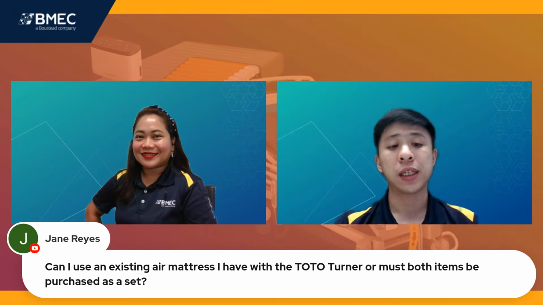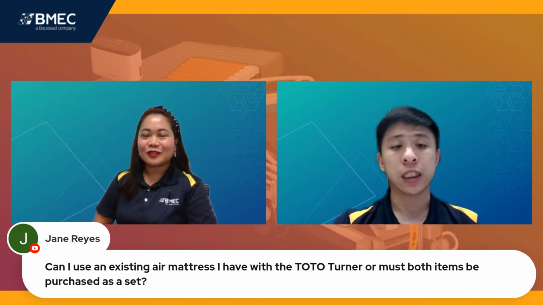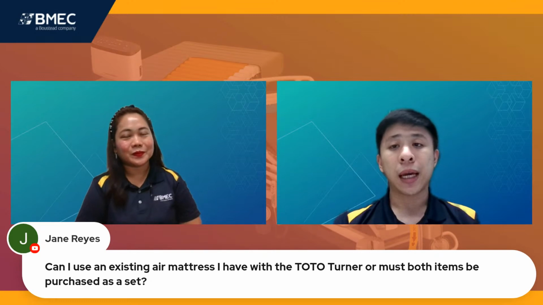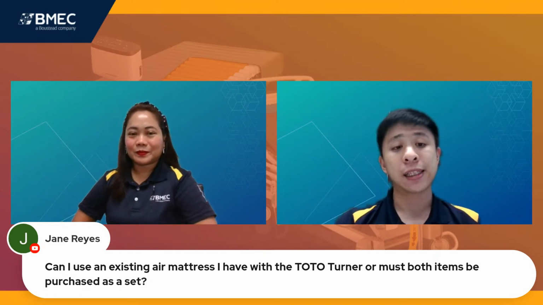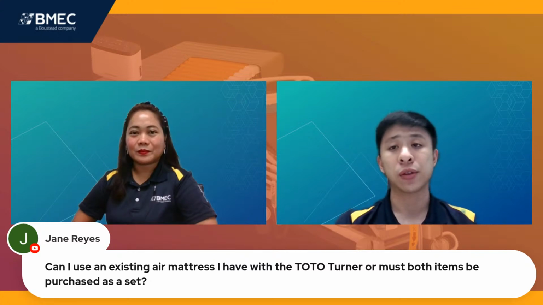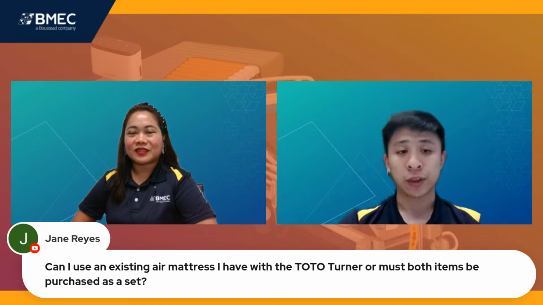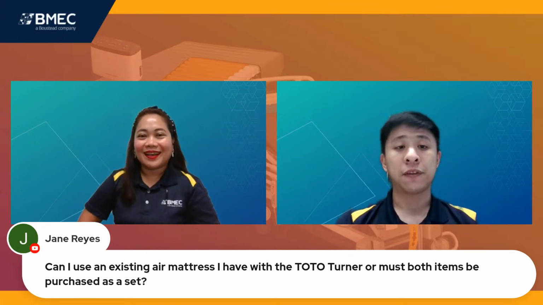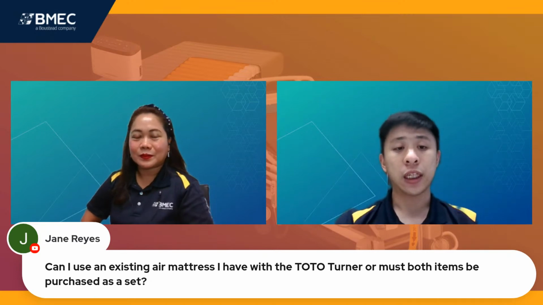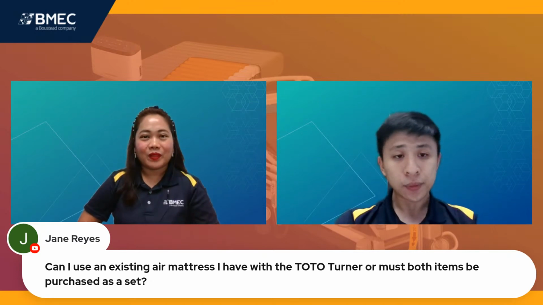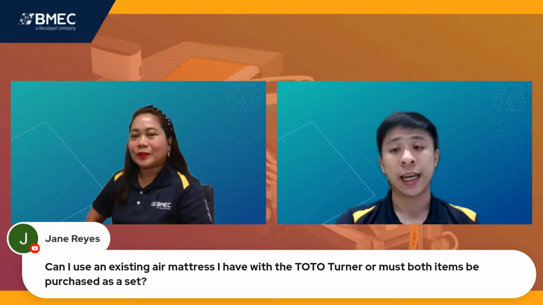However, when using it with other air mattresses, it might cause the air cells to leak. If the air mattress was purchased outside of us, we are not sure whether the warranty will cover it. But if the air mattress is purchased from us, then our warranty does cover it in cases where the air cells leak.